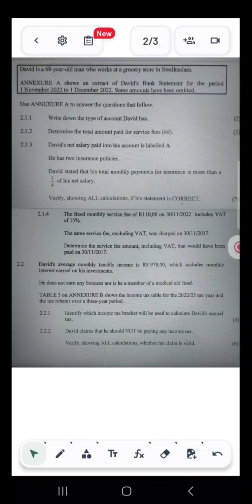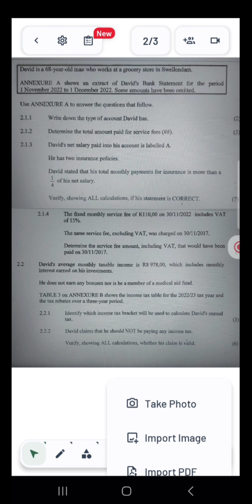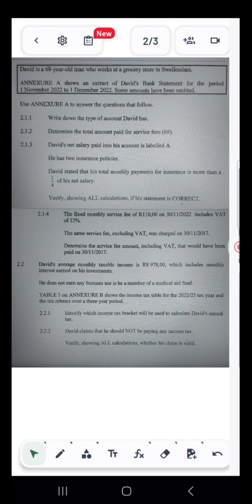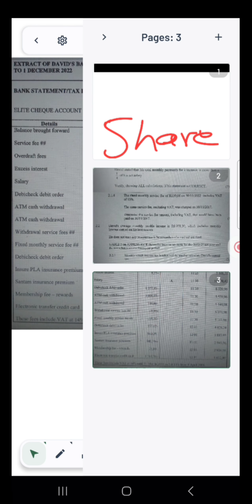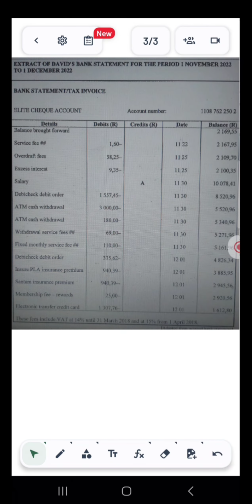Are we good? Okay, now let's go to this extract and study it. This is the annexure: David's bank statement, extract for the period 1 November 2022 to 1 December 2022. It shows a bank statement and tax invoice, Elite Cheque Account. So David has an elite cheque account, with an account number 110876222502.